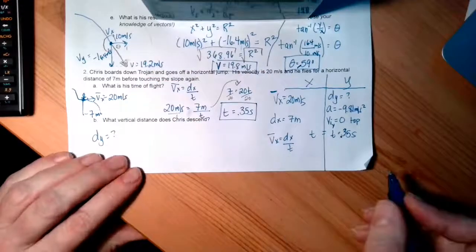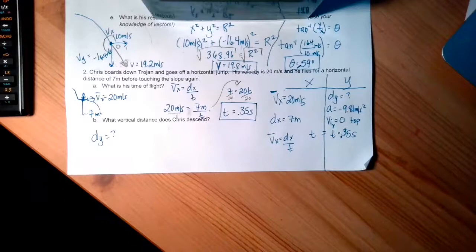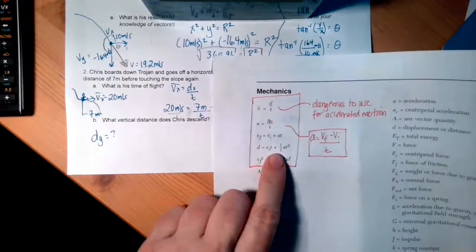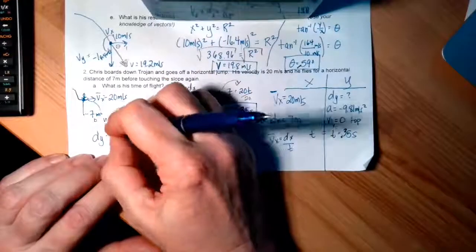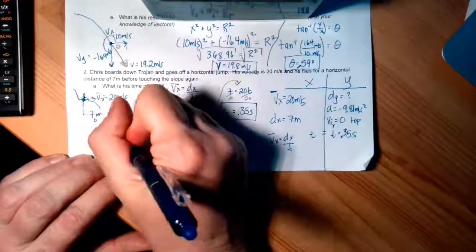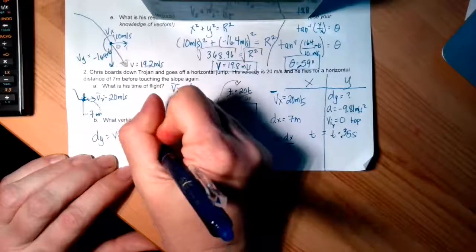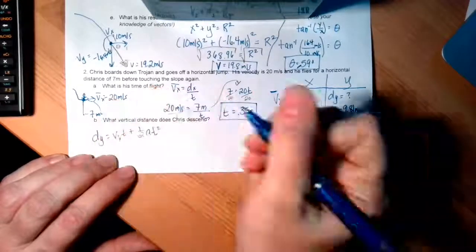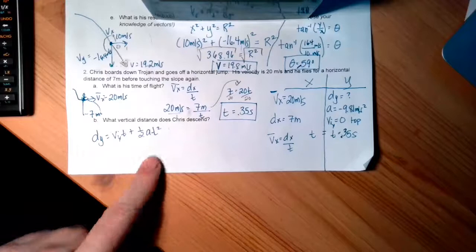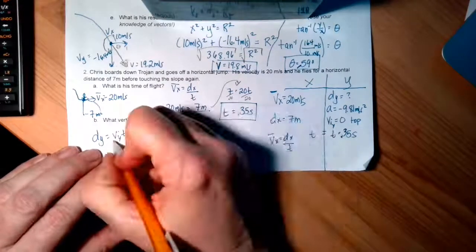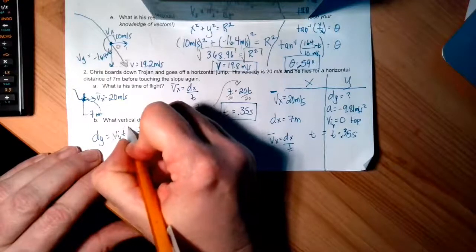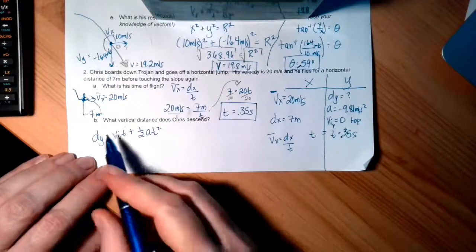But we're going to use that same formula we did before. This one, d equals viT plus 1/2 aT squared. And again, good idea to put little subscripts in if you're not being super careful with the chart. Since he's not going any vertical velocity at the beginning, that whole term drops out.